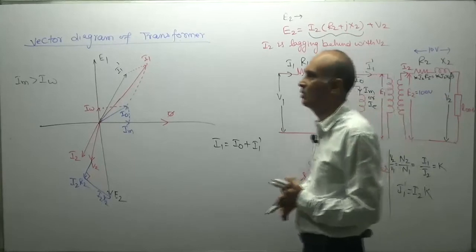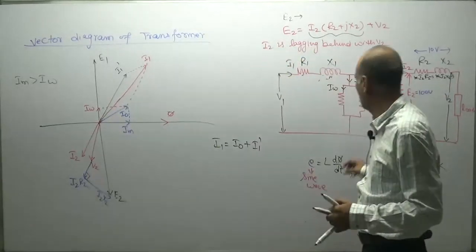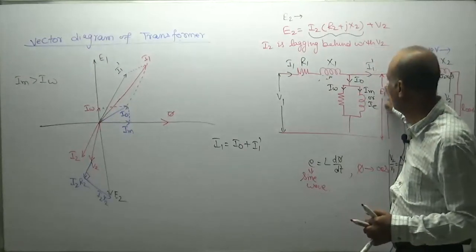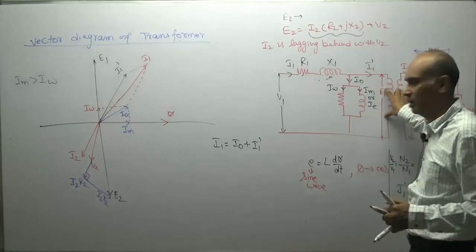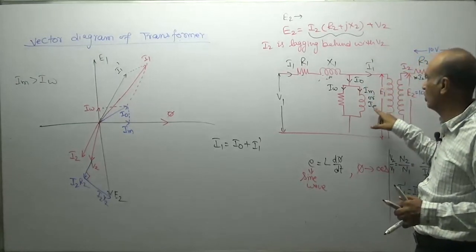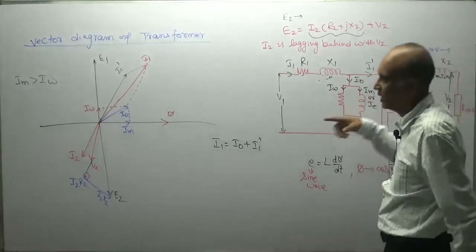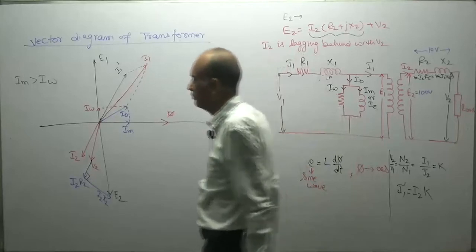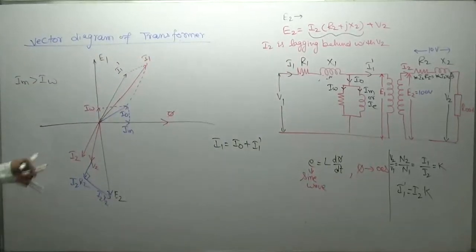So on the same ground I have drawn the IW here, and you can understand it. It is a simple coil with the E1. So E1 and Im has 90-degree phase difference. You can understand it very well. So it is the vector diagram of a single phase transformer at inductive load.